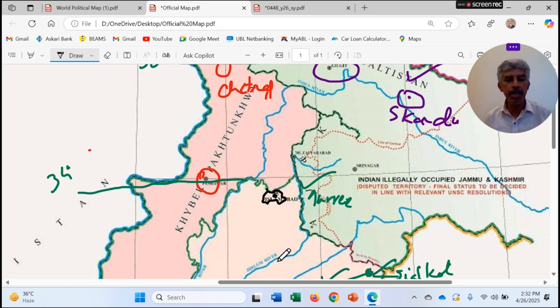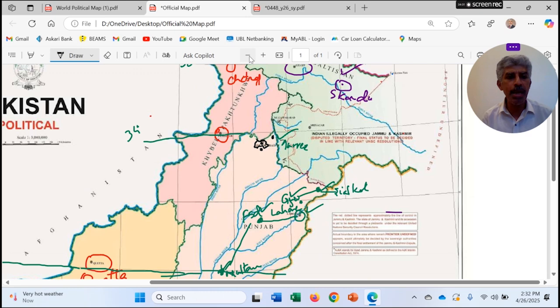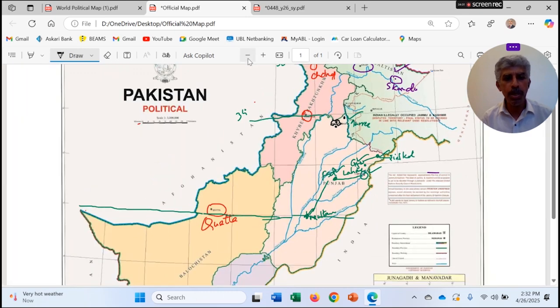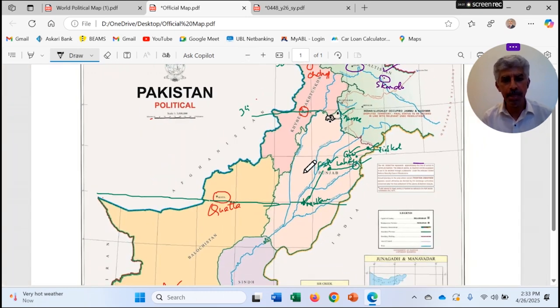So surely it will be the federal capital Islamabad, and just in the south of this one, in this region, there will be Rawalpindi city, and further in the north there will be Murree city. So try not to make the mistake of labeling these three closely located cities, Islamabad, Rawalpindi and Murree. As I have zoomed the whole map, Murree looks a bit far, but whenever it comes on A4 size paper, you will see that it looks much closer. So students make mistakes labeling these.